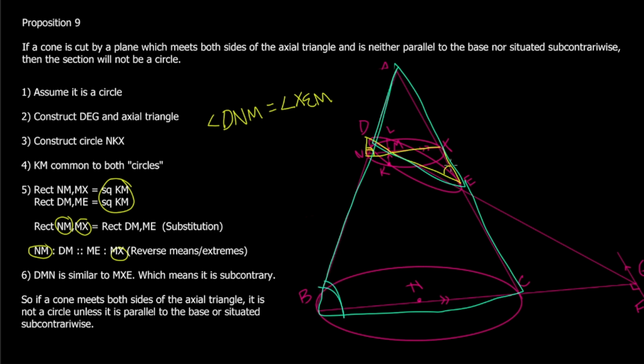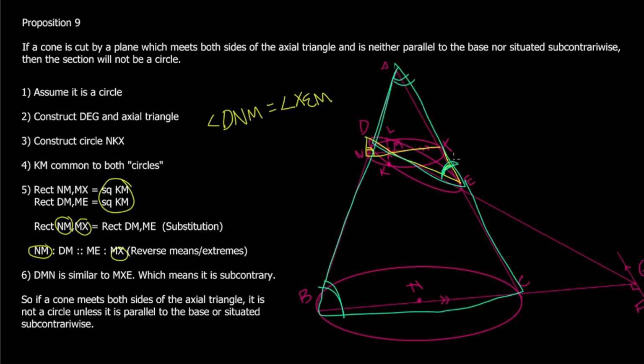So that means that this angle is also equal to this angle. Now these must be similar triangles, because this angle is shared at the top, and in every triangle the angles add up to two right angles, so that would make these remaining angles equal.